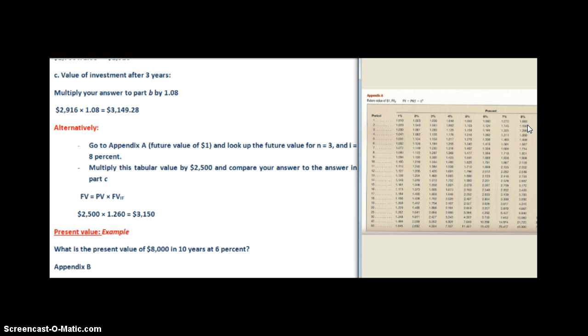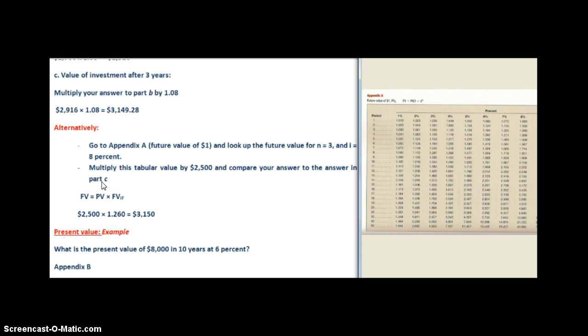So 1, 2, 3. This is the tabular value, which you can see here as 1.260. You can then multiply this tabular value by $2,500, which is the amount invested by you, and compare your answer in part C.